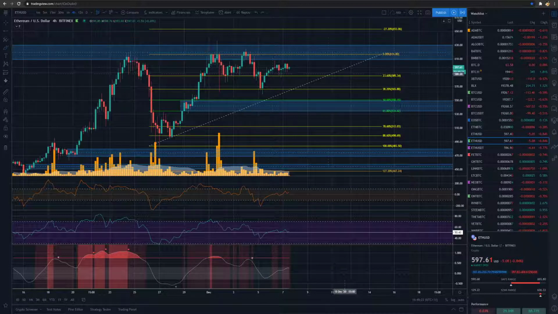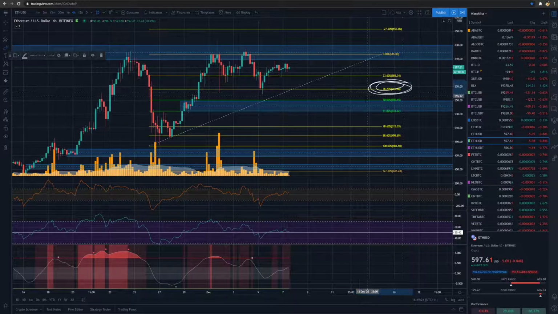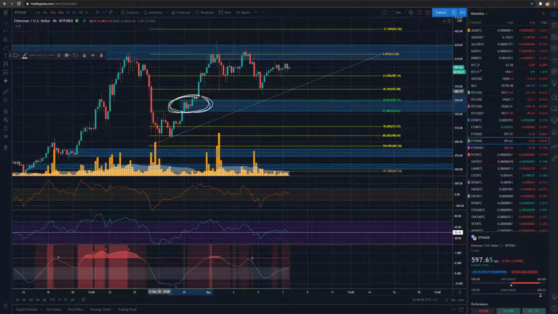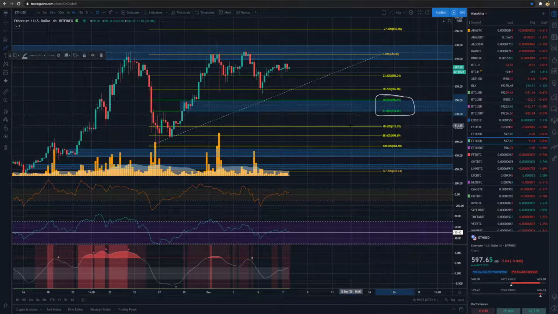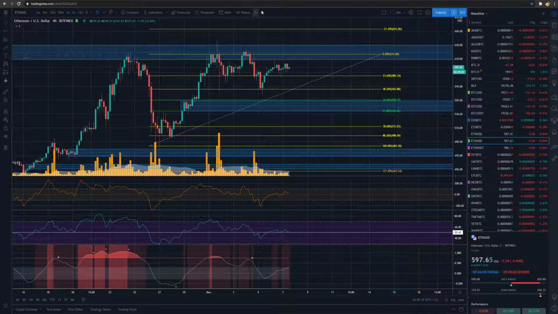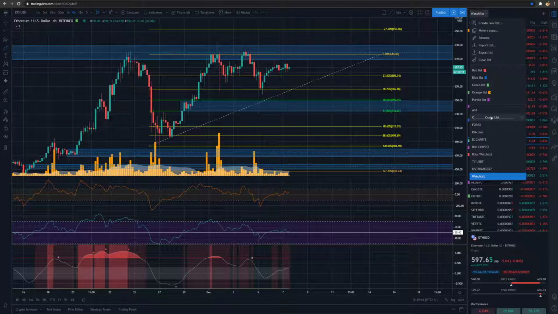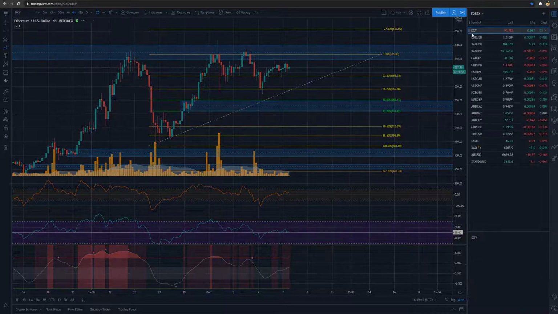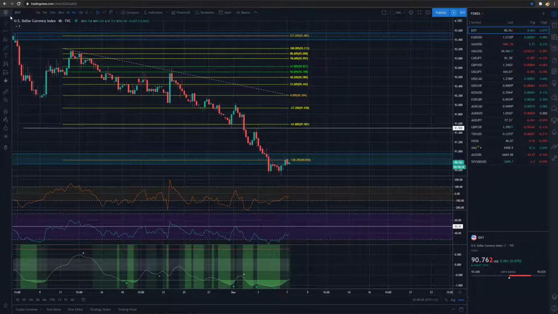If it doesn't, however, I'll be looking towards this 38.2 at the 565 region, and of course our most relevant demand inside that golden pocket, which is 550 to 535, between the 50 and the 61 Fibonacci.